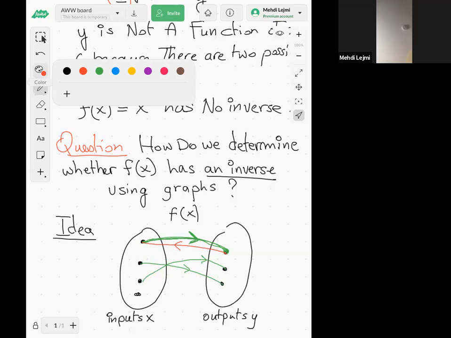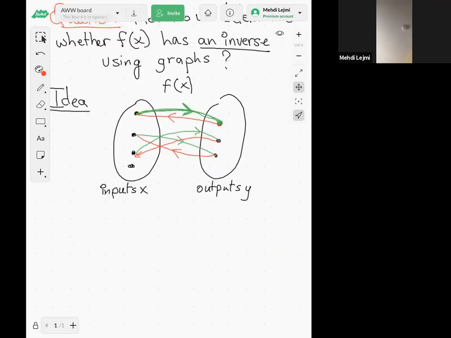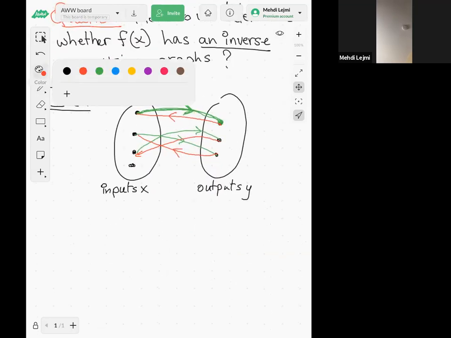Next, I'm going to reverse the next arrow, and the next one goes from this point to this one. So if you reverse the arrows, you're going to have a mapping.